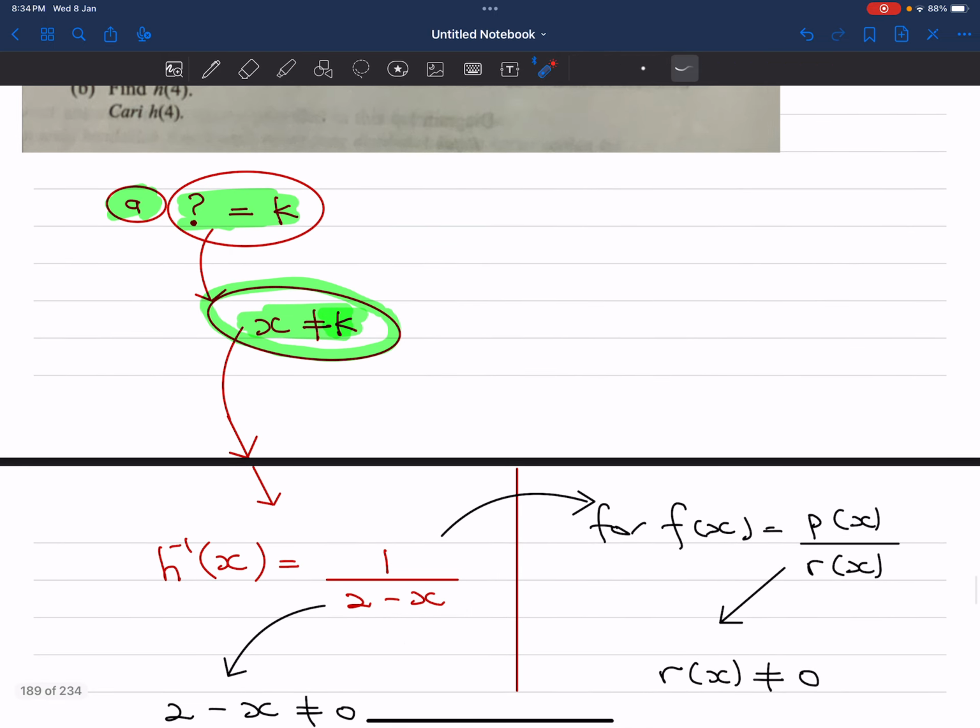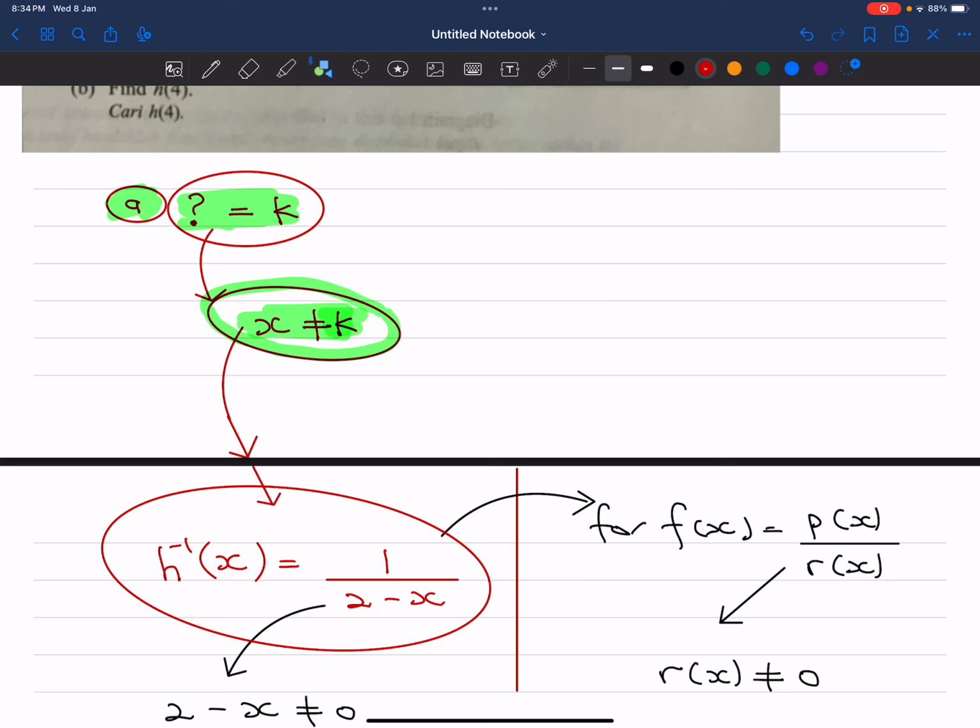And since k is connected to x, now I will go to information involving x, which is the inverse function. So h inverse x equals 1 over 2 minus x.